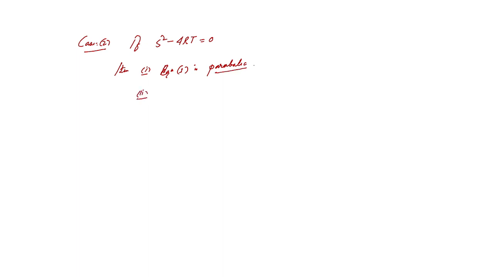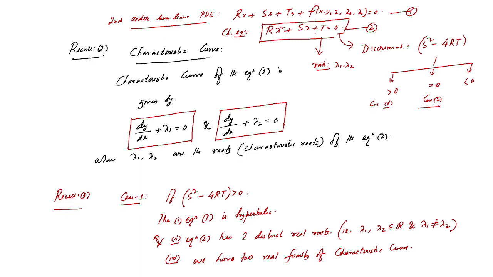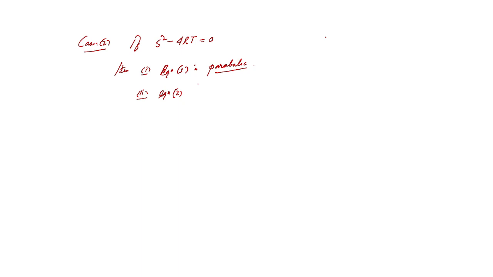The second conclusion is the equation 2 has one real root, basically two real roots that are not distinct, so equal real roots. So equation 2, that means r lambda square plus s lambda plus t, has one real root.